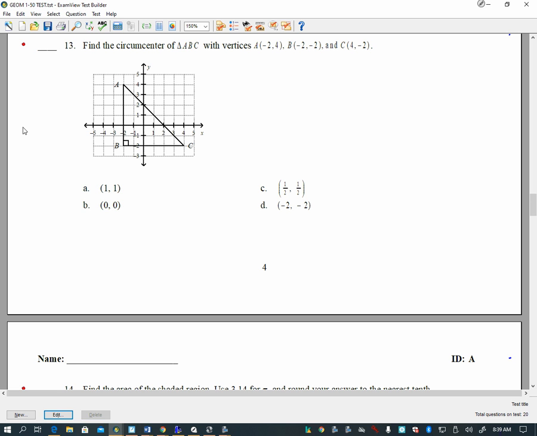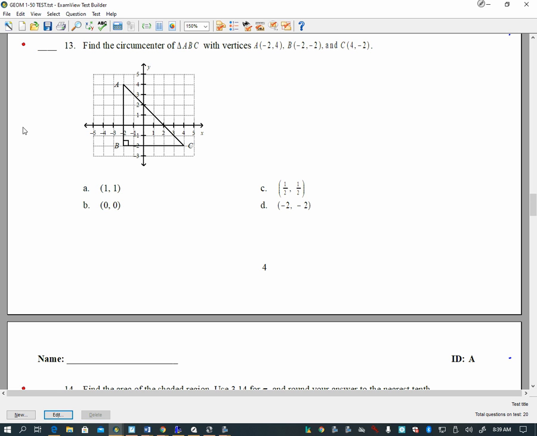10. Find the circumcenter of triangle ABC with vertices (-2, 4), (-2, -2), and (4, -2). Do we know what a circumcenter is? Okay. So a circumcenter is where we find the midpoint of a line, okay, and then we make a perpendicular line to that line.